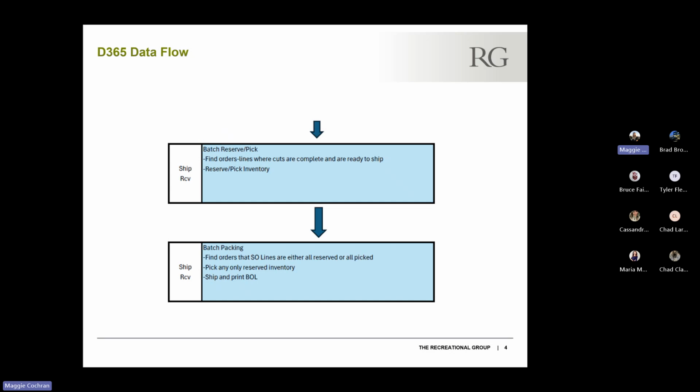You're saying, okay, the roll's ready for me to go, I need to get this sand ready. It'll show you all the inventory that you have of sand for that given item down below. You'll say, pick it, and you're ready to ship. Just like that. It's one button click. When we go through, you'll have many more questions, Brad, but when you see it, it'll make a lot more sense.